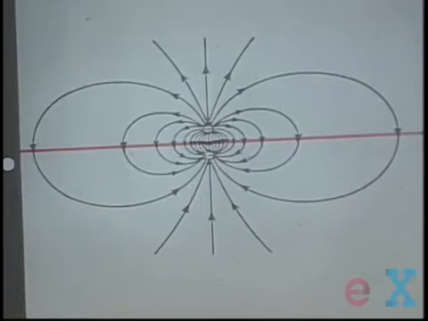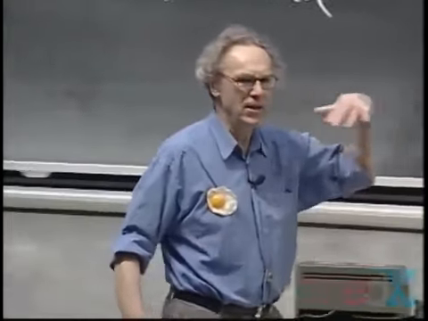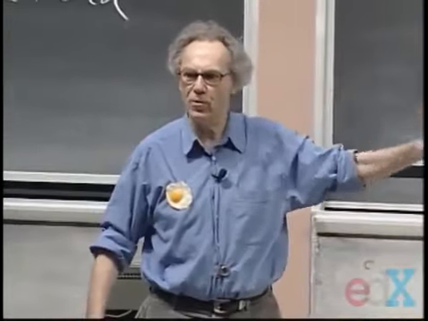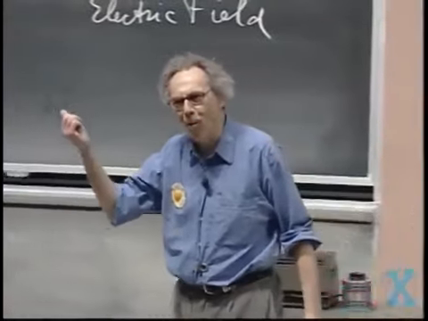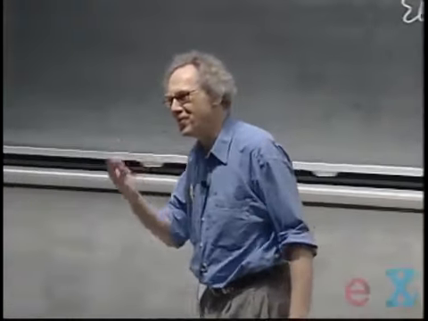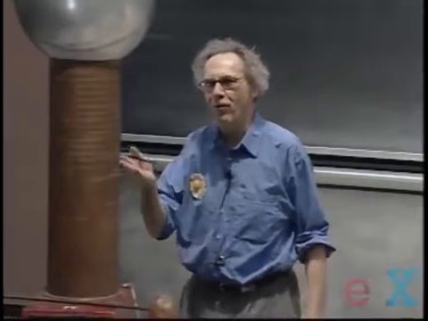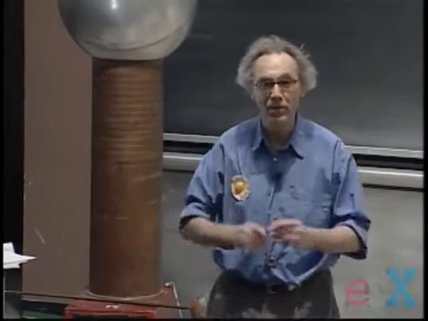In the case of the +3 and the -1, if you're very far away, it's like having a +2 charge, and the E field, when you go further and further out, will fall off as 1/r². With a dipole, your intuition sort of tells you that it will probably fall off faster than 1/r². And that is part of a homework assignment that you have this week.